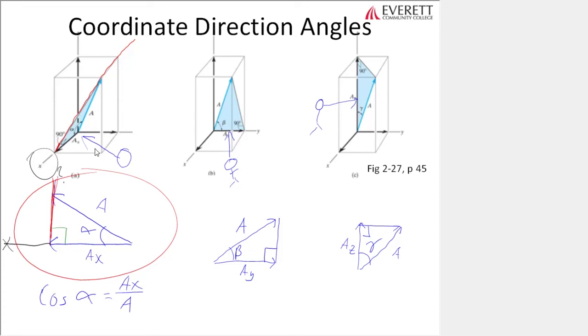The cosine of beta is equal to the y component of A over its magnitude. The cosine of gamma is equal to the z component of A over its magnitude. Does that make sense? These can be challenging, but if you remember those equations and that they always hold true, you can always relate a vector to its coordinate direction angles and vice versa.